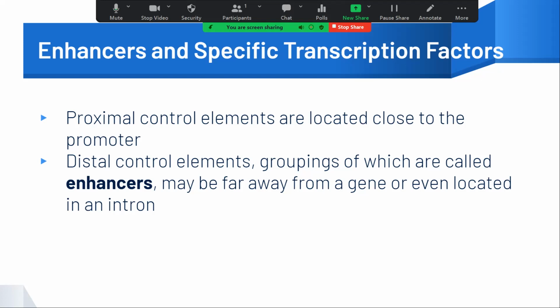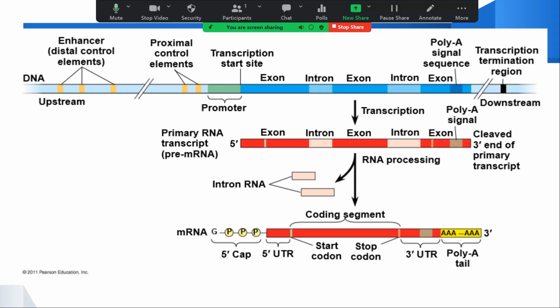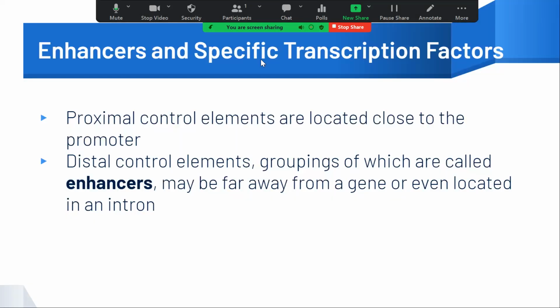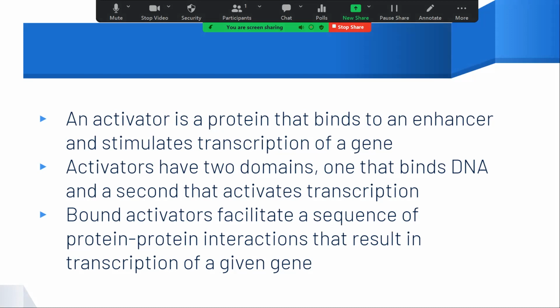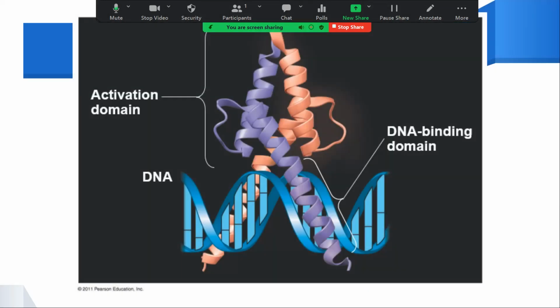So the enhancers are going to be portions of the gene over here that will then help bind those transcription factors. So they're going to basically activate or turn on those genes. They're going to make that process of transcription more efficient, a much faster process.